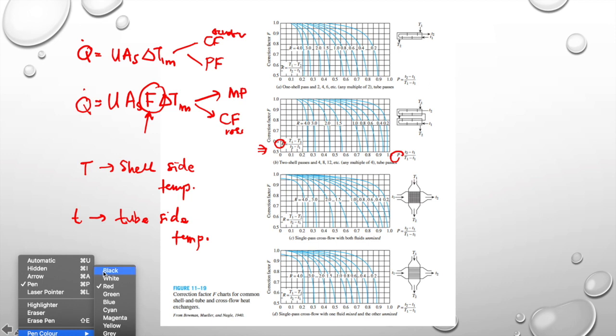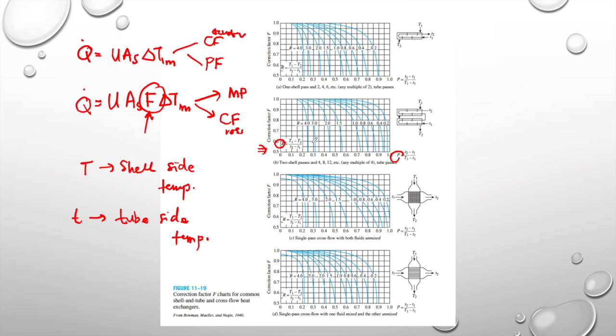I change the color first. From here you have to substitute the values for the temperatures. Subscript 1 refers to inlet temperature and subscript 2 refers to outlet temperature. You may be blur during the examination, and you can refer to this figure because it already shows the locations of T1 and T2.